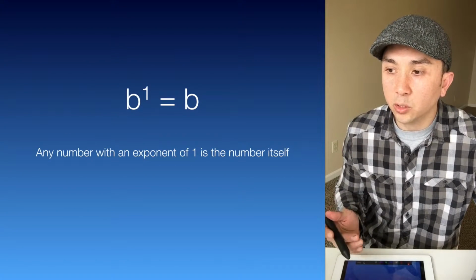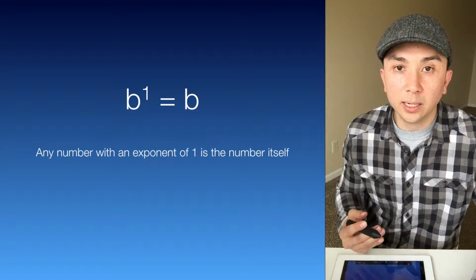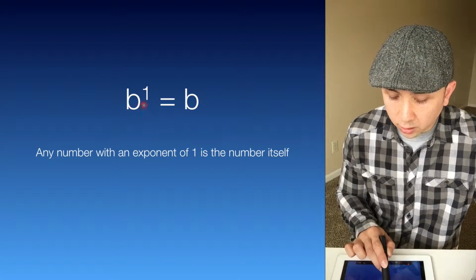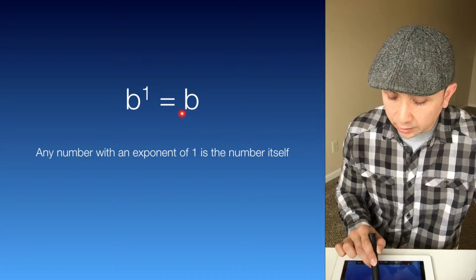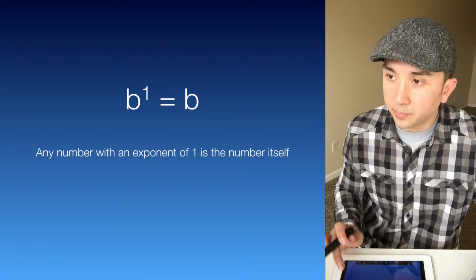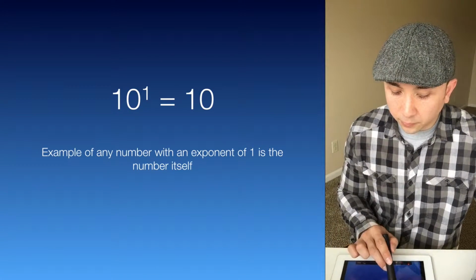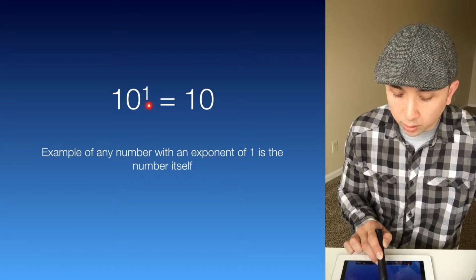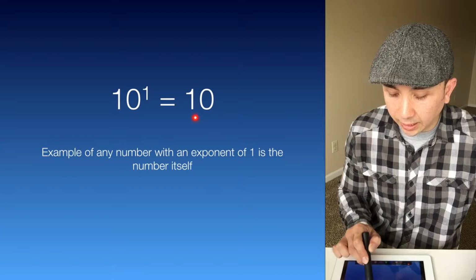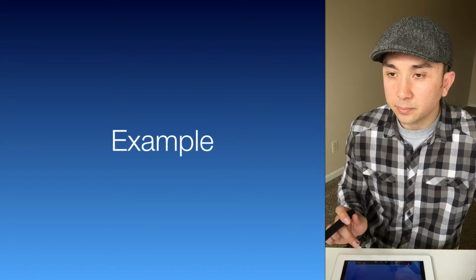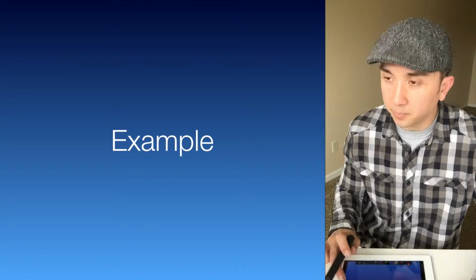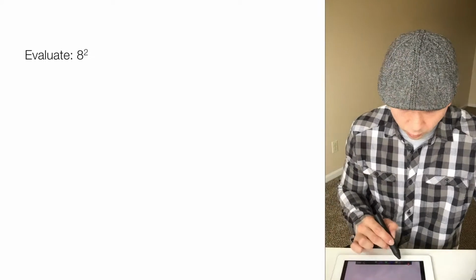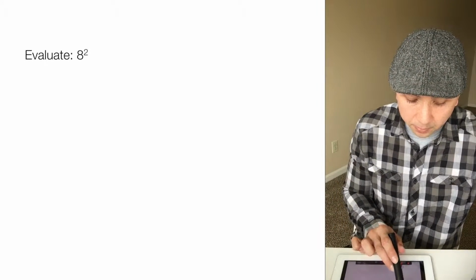Any number with an exponent of 1 is the same number. So b raised to the first power is just b. For example, 10 raised to the first power is just 10. So let's do an example. Let's evaluate 8 squared, or 8 to the second power.